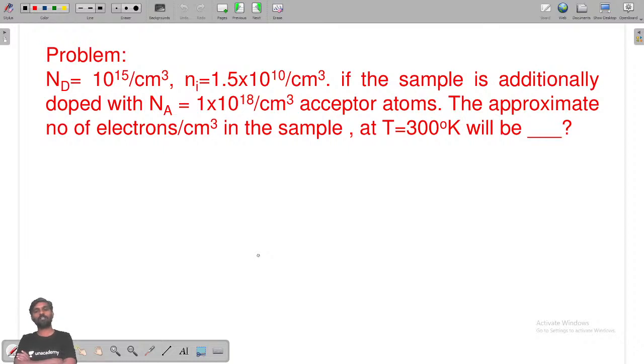If the sample is additionally doped with Na, 1 into 10 to the power of 18 per centimeter cube acceptor atoms, what is the approximate number of electrons per centimeter cube in the sample? This is a very good problem. Think, sir, think about what it is saying.